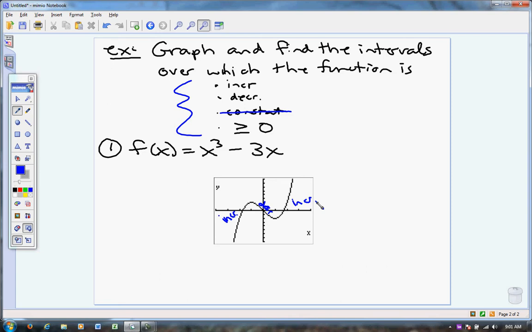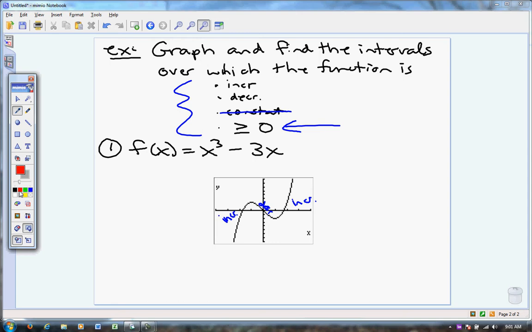So, but we're not done. I'm just kind of drawing on this so that we can get an idea of what's going on. But how about this one right here? Where is the function greater than or equal to 0? Well, what I'm going to do is kind of use red here.